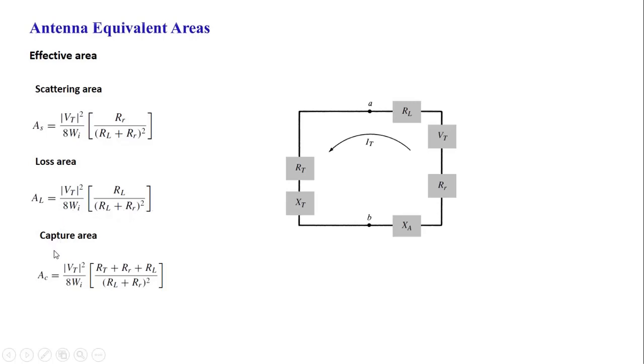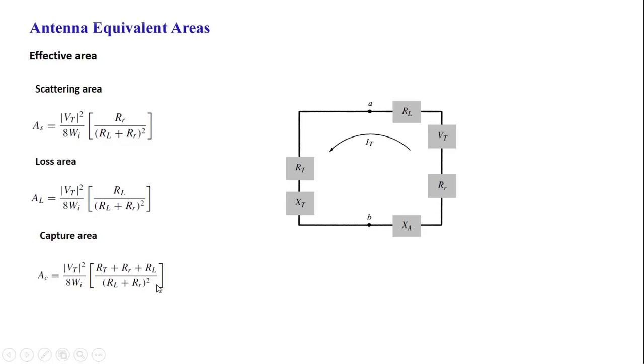This capture area is the addition of effective area, the scattering area, and the loss area. So it is equal to mod of VT square divided by 8 into WI, multiplied with RT plus RR plus RL divided by RL plus RR whole bracket square.